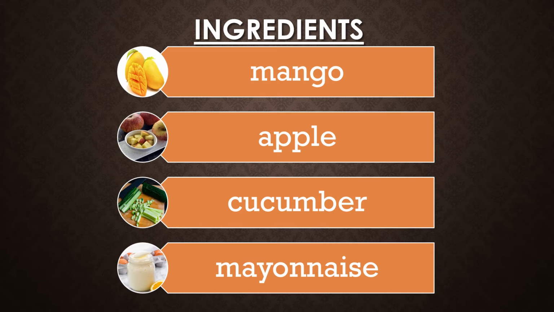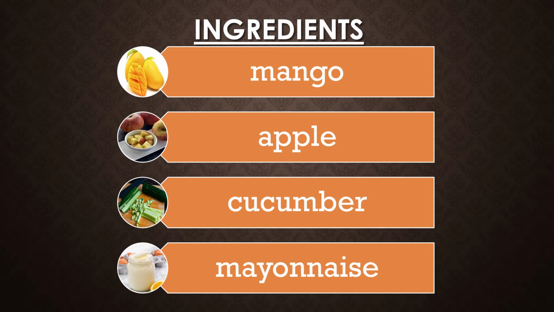Before we end our lesson today, let us take a look again on how to make fruits and vegetable salad and the ingredients that we need. The first ingredient that we need is mango.